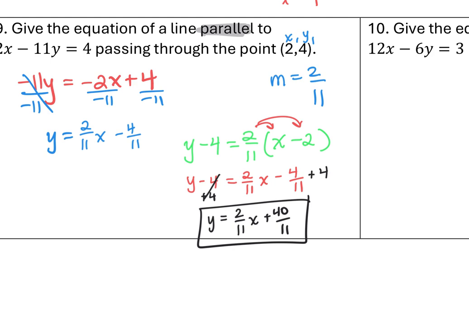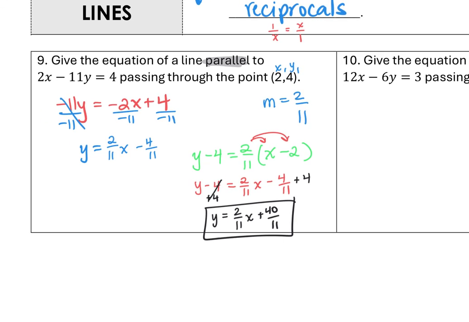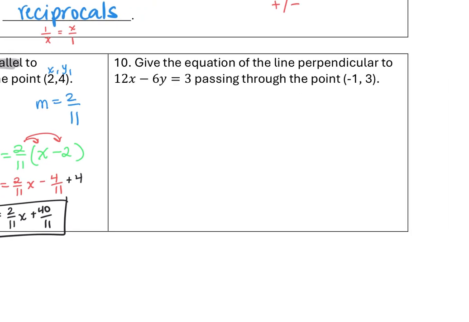Okay. So now let's practice that one more time, this time in number 10, just so you have an example. This time we're giving an equation with a line that is perpendicular to 12x minus 6y equals 3, and it passes through the point negative 1, 3.